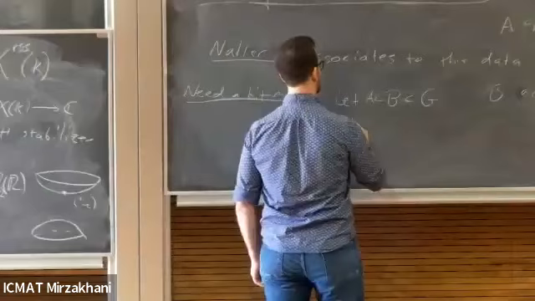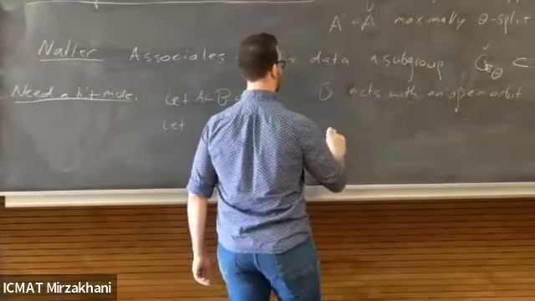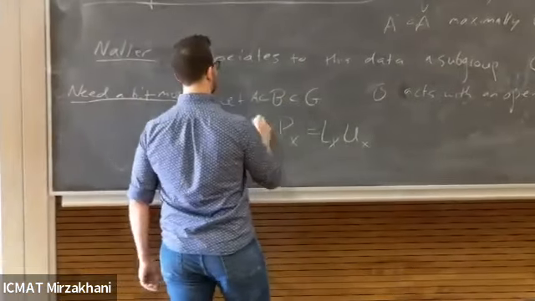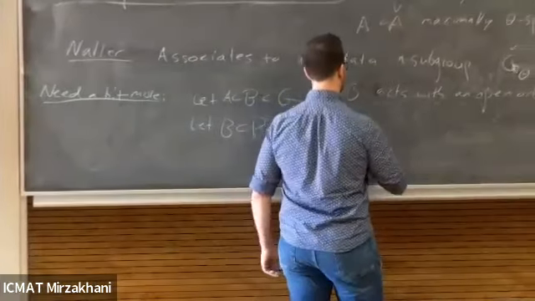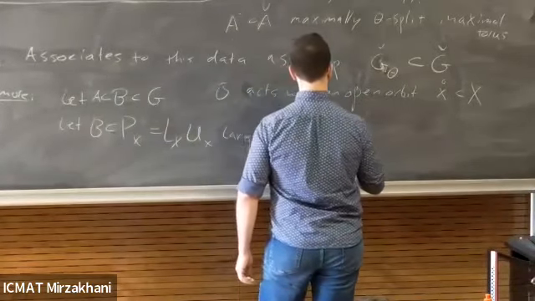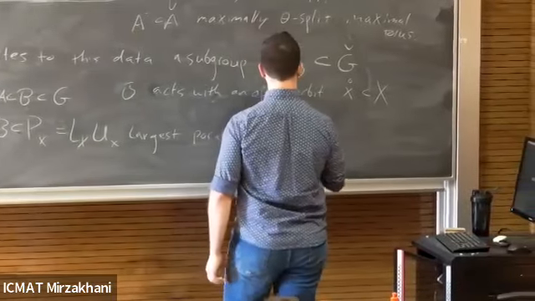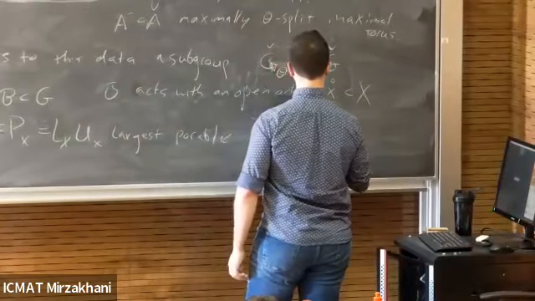And I'll let P of X be the parabolic containing the Borel, the largest parabolic stabilizing this open orbit.